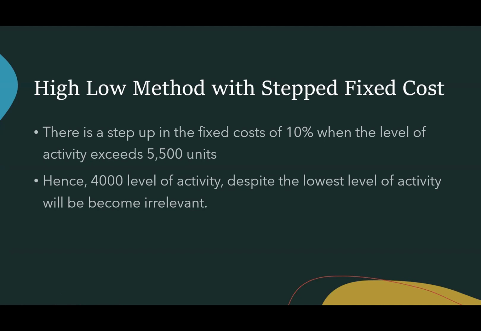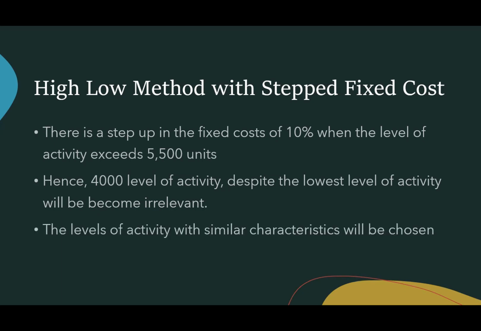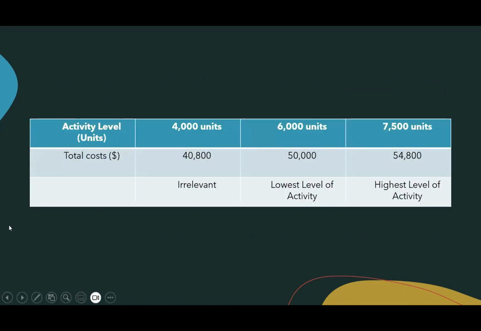In that case, the levels of activity with similar characteristics will be chosen. So what I mean is that you don't have to choose 4,000, but you will be choosing the other two levels of activity, which are 6,000 and 7,500. So this 4,000 becomes irrelevant. 6,000 will become your lowest level of activity, and 7,500 will become your highest level of activity.